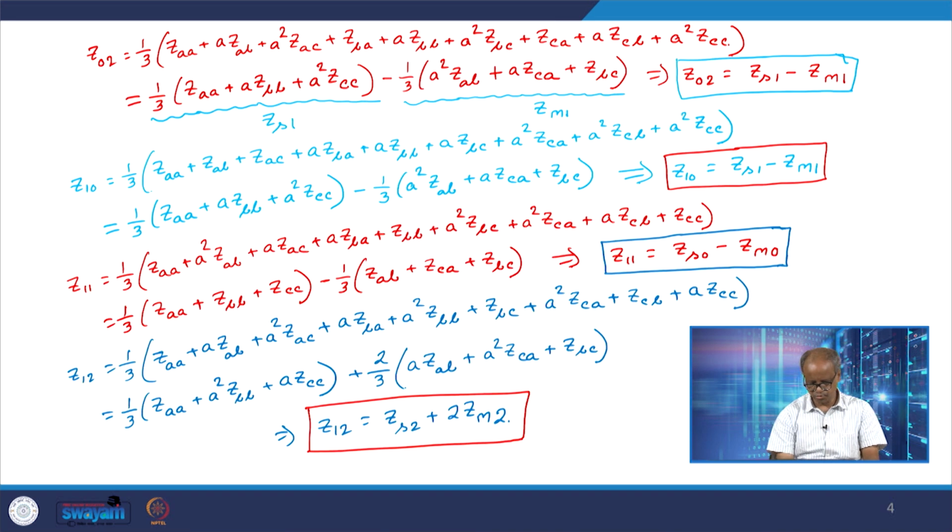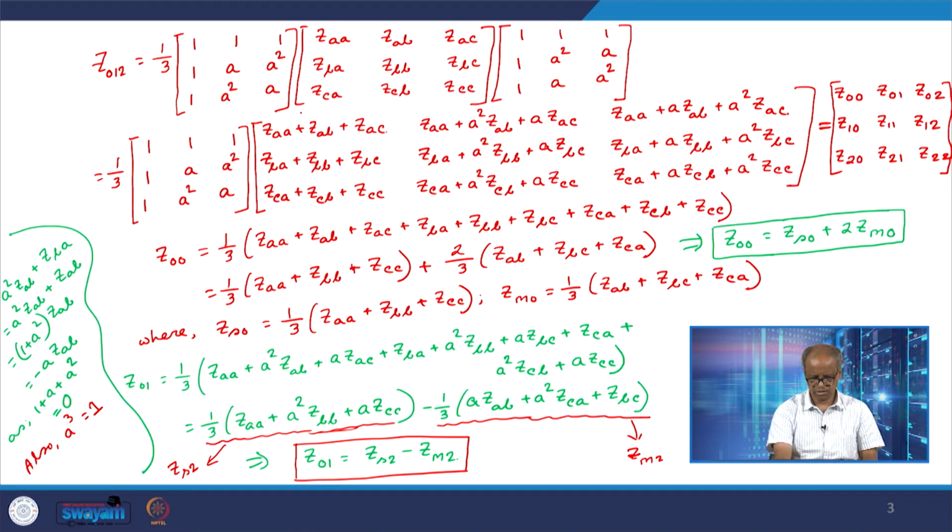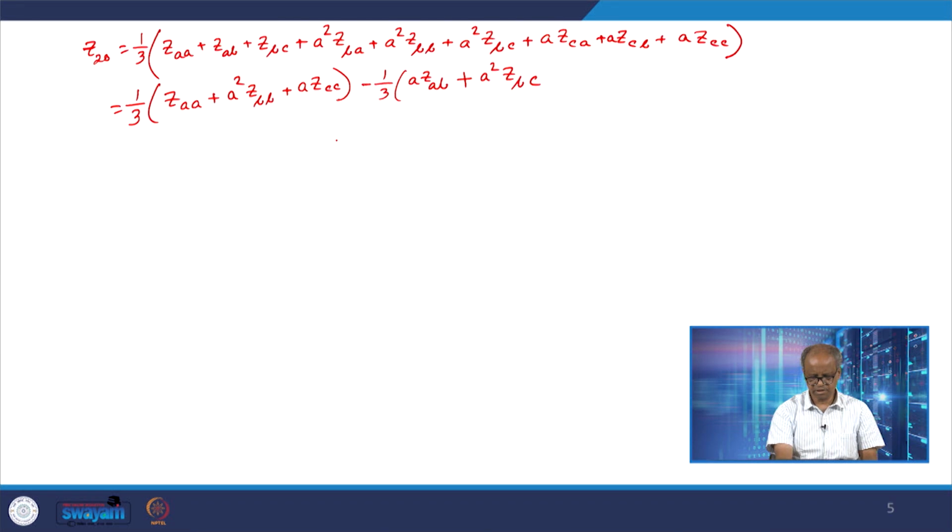So this quantity is ZS2, and then ZAB plus A square ZAB minus AZAB. 1 plus A square is minus A, so AZAB, then plus ZBC, this is A. 1 plus A means A square ZBC, and then A square ZAB plus ZBC, ZAB plus ZAC.